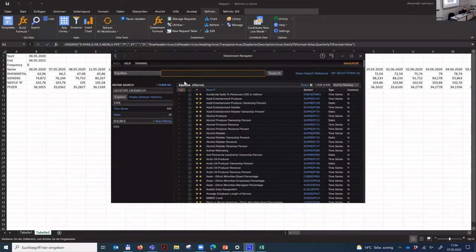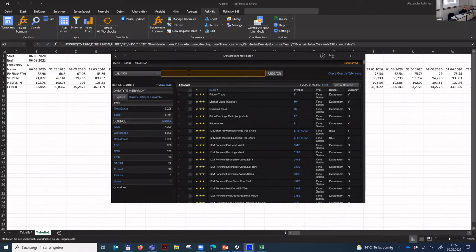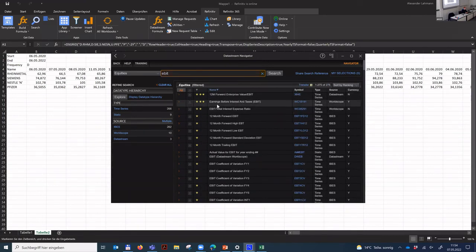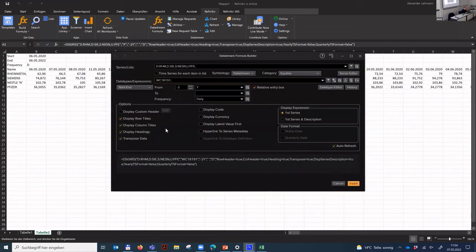Clear all. Let's take EBIT, for instance. Take a check. Use it. For the EBIT, it doesn't make any sense to get daily data.